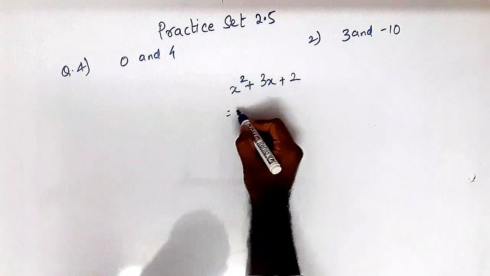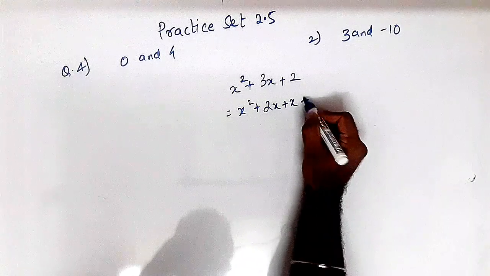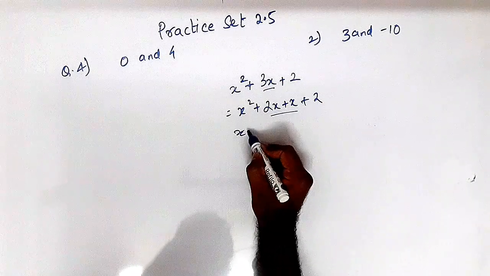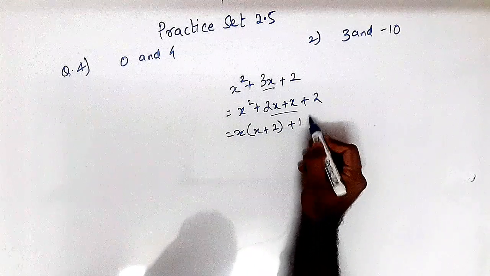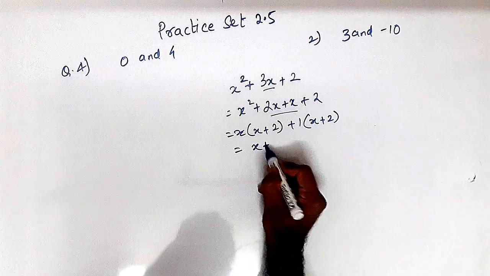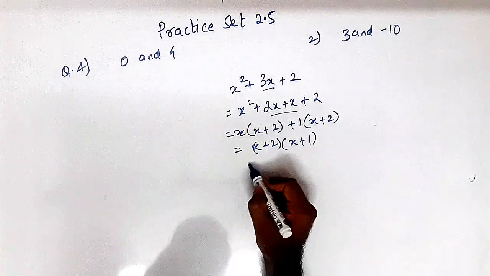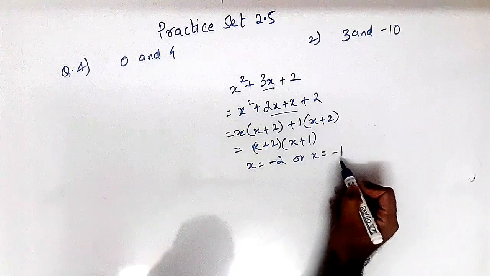You know how we solve. X square plus this becomes 2x plus x plus 2, splitting the middle term. Here x we take common, so x plus 2 remains, plus nothing is common, so 1, and x plus 2 remains. So we are getting here x plus 2 and x plus 1. Now x is equal to minus 2 or x is equal to minus 1.